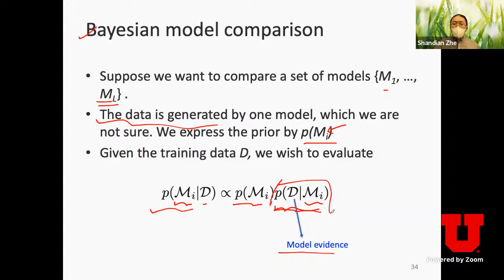In general, if we don't have strong preferences over each model, you might just view P(M_i) as uninformative or uniform, since L is finite. Then if you want to compare models, you're essentially comparing different evidences for different models.